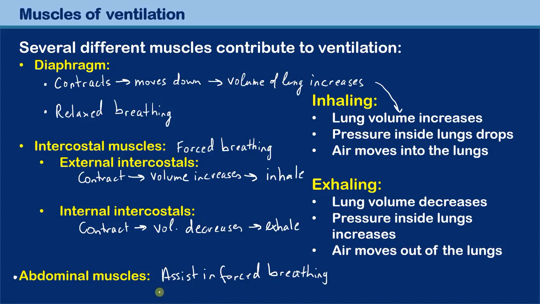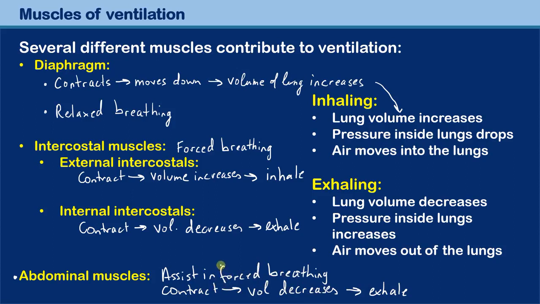So they contract, and the volume of the lung goes down, because the internal organs are more compressed. The stomach is pushed together, and therefore it pushes up against the lungs. The volume decreases and you exhale. But again, they are only helping out here.